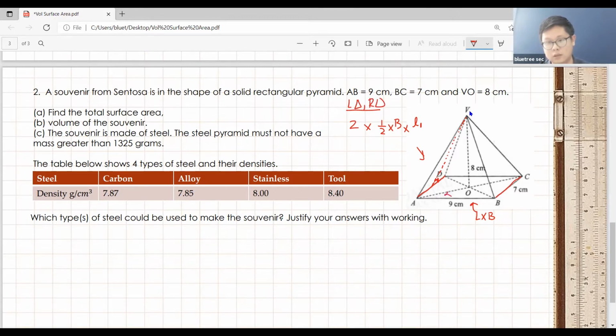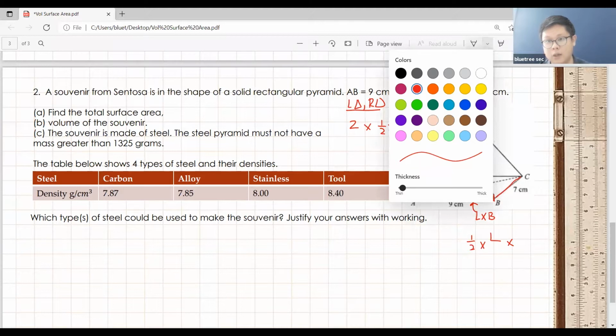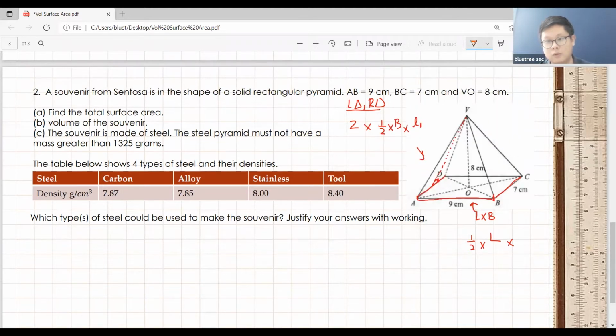Now the next thing that is not found also is the front and back triangle. Once again, the front and back triangles are identical to each other, but they are not identical to the left and right. Reason being, you notice that the base this time around for the front triangle uses the length of 9 cm. So in other words, it's half times the length of 9 cm multiplied by a slant height that is also different from the slant height of the left and right triangle, because this slant height here comes from the middle between the A and B, right?